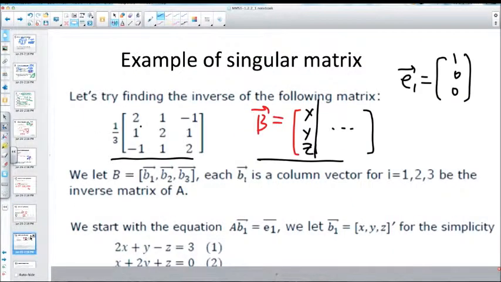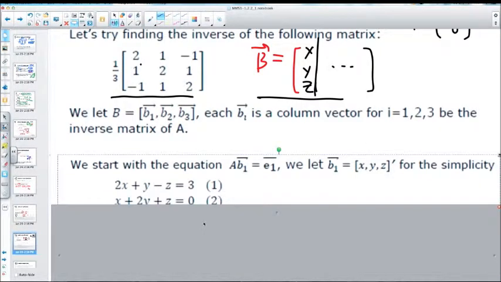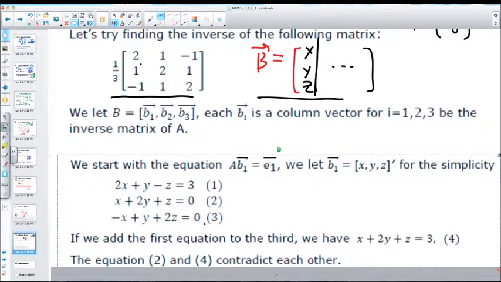So if we do this, we're going to find something interesting. We find these equations. See, the 1/3 is on the front anyway. 2x, 1y, and negative 1z, we should get 1.